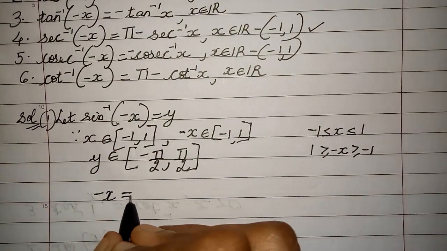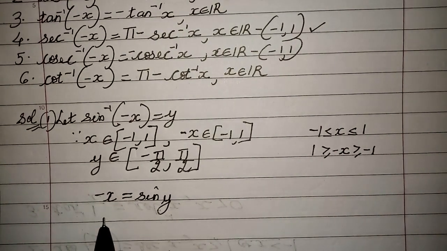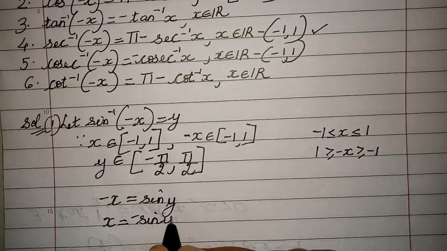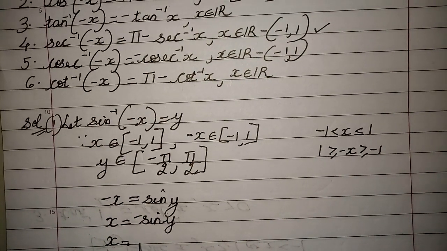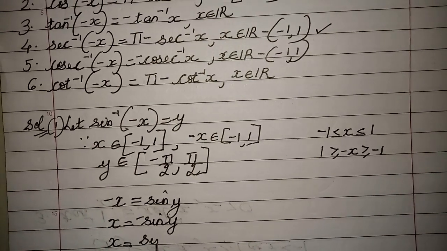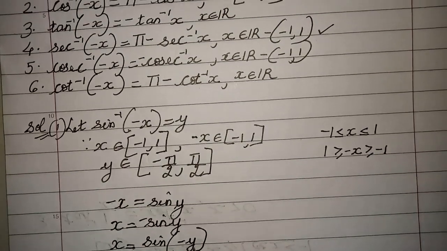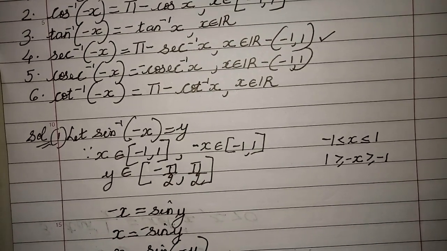So it will be minus x equal to sine y, which means x equals minus sine y. Now yesterday I told you about odd functions and even functions. Sine is an odd function, so I can take the minus inside, and this will be sine of minus y. Again I can take this side because I have guaranteed the domain and the range.